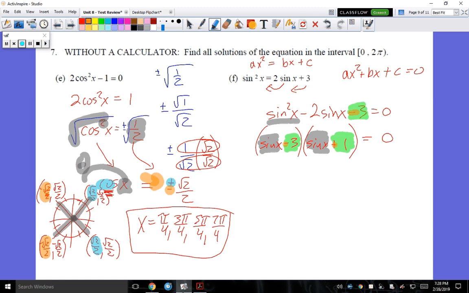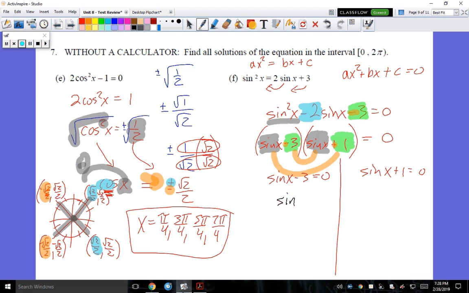And also because a negative 3 sine of x added with a positive 1 sine of x will in fact give me a negative 2 sine of x. So they both worked. Now that I have my two binomials, I can set this first one equal to 0 and this second one equal to 0 and solve them as if they were independent problems.